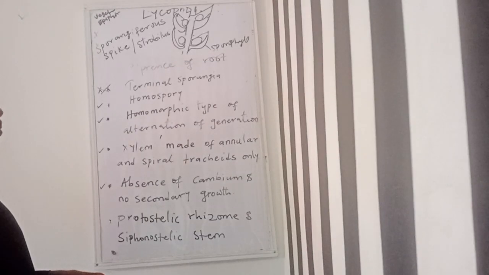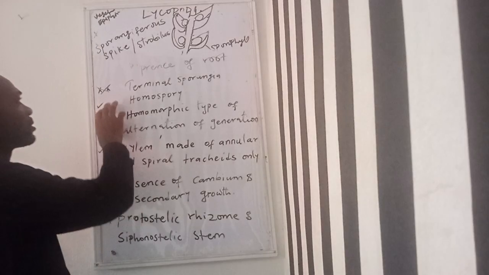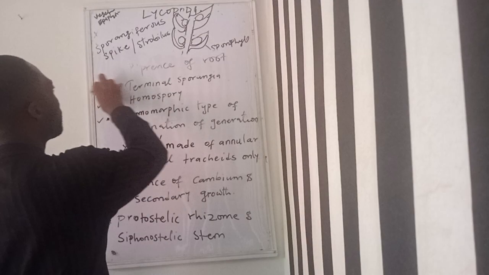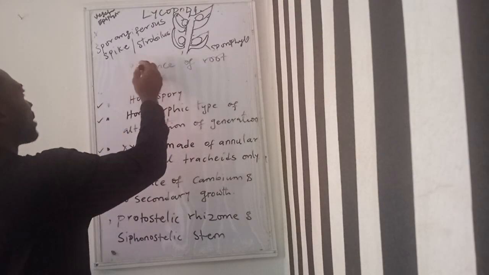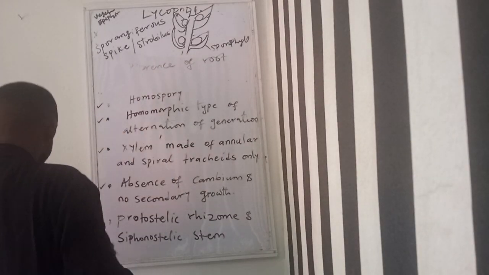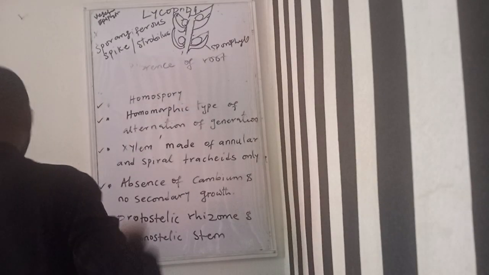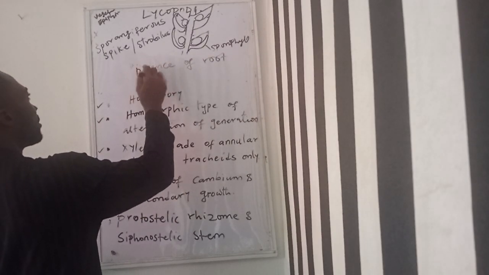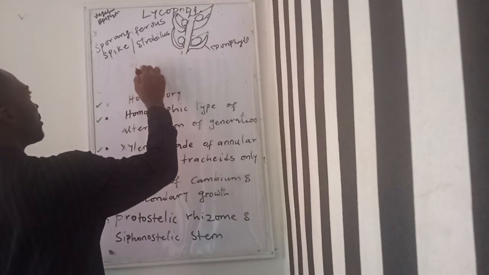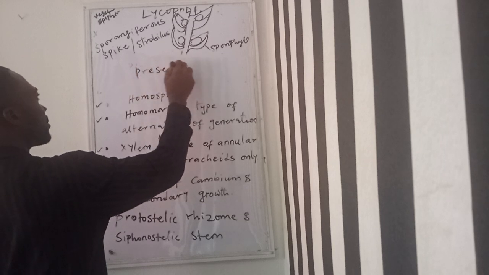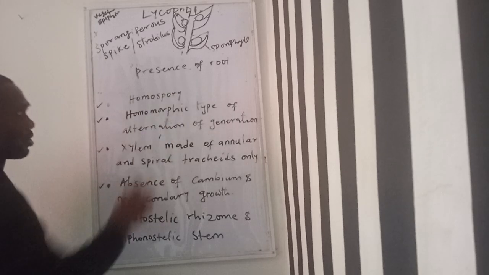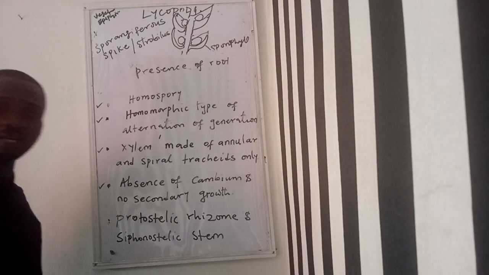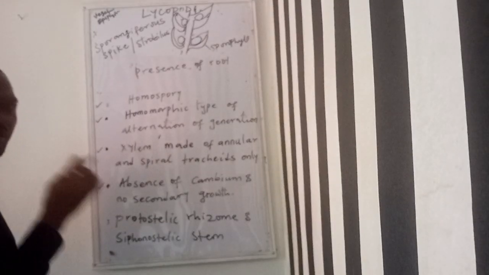Then we also have homospory. I've mentioned this. This is another characteristic. There is no terminal sporangia, and there is presence of root. Then homospory: they are homosporous.